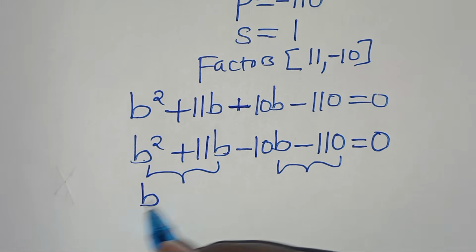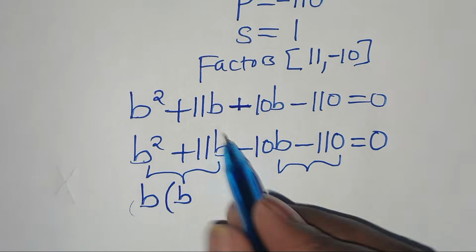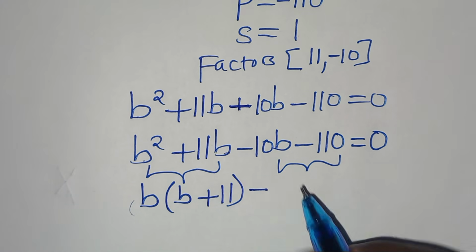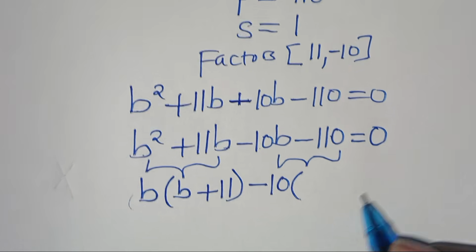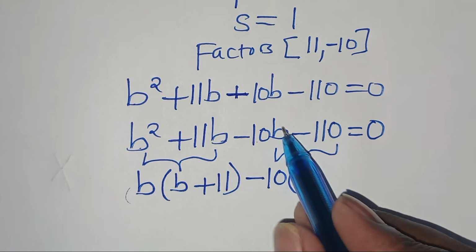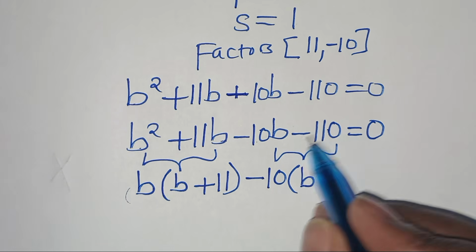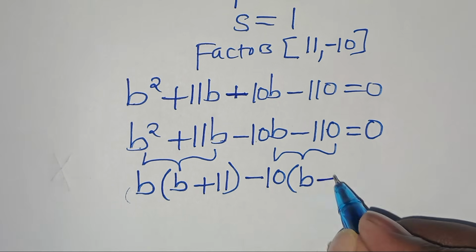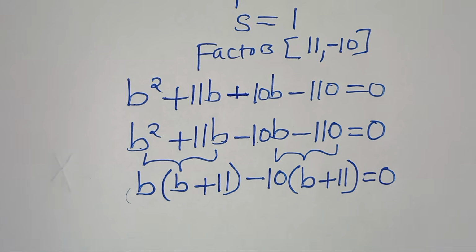Let's factor out B, so that B squared divided by B, this is B. 11b divided by B, this is plus 11. Subtract 10 is common here, so let's factor out 10, so that now we have 10b divided by 10, this is B. Negative 110 divided by negative 10, this is plus 11. This is equal to 0.